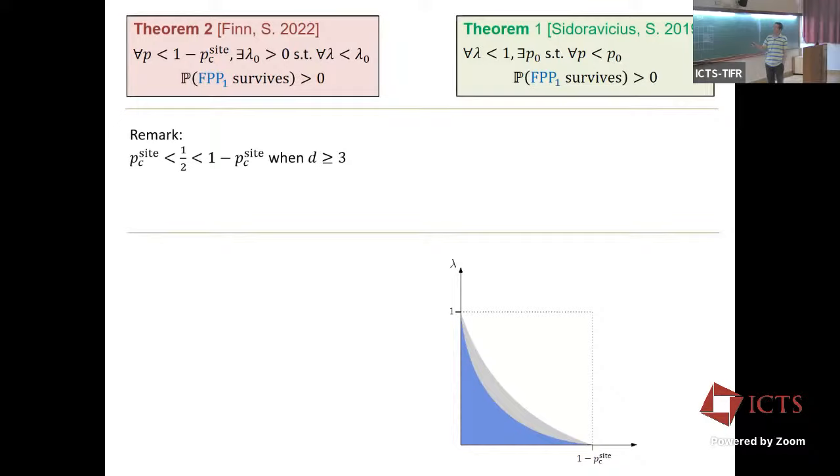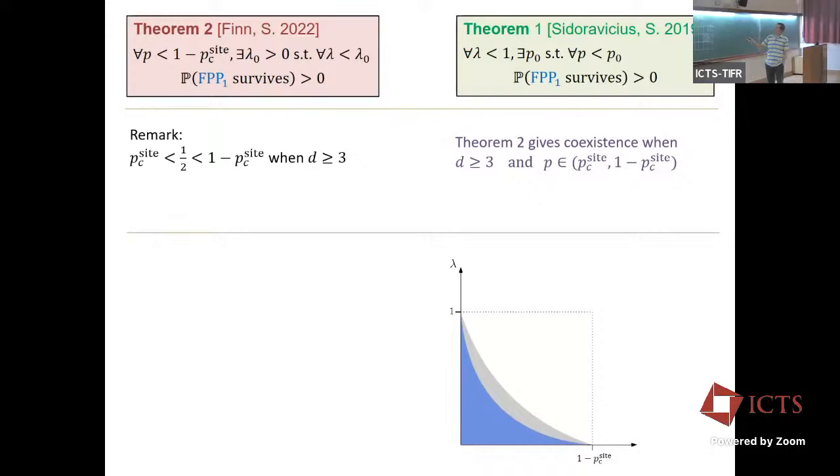This means that 1 minus pc site is bigger than a half, so the interval from pc site to 1 minus pc site is non-empty, and I can take a p in between. Since p is smaller than 1 minus pc site, I can apply the theorem and find a lambda small such that FP1 survives.